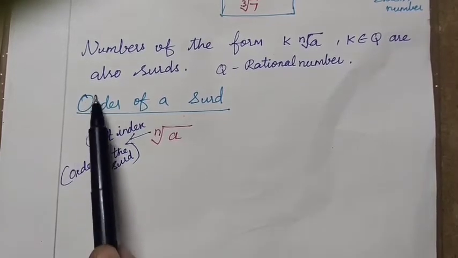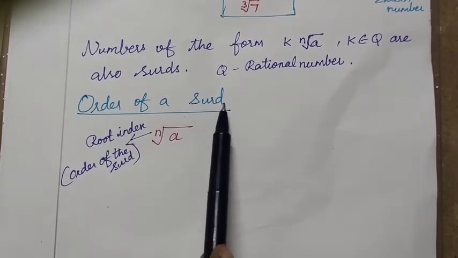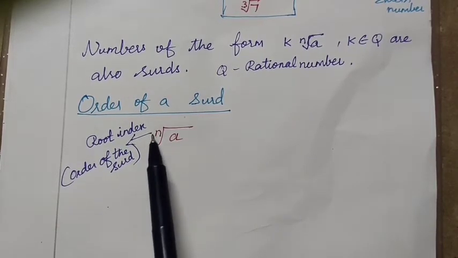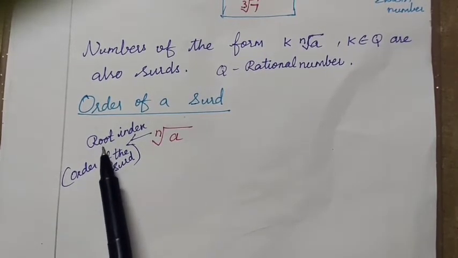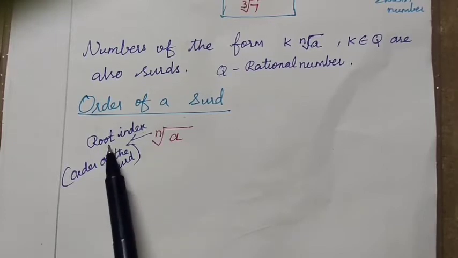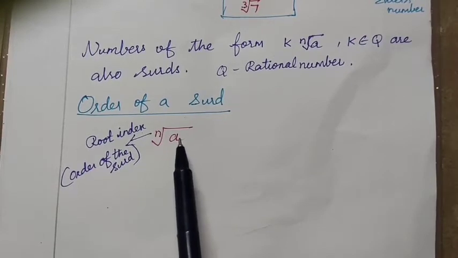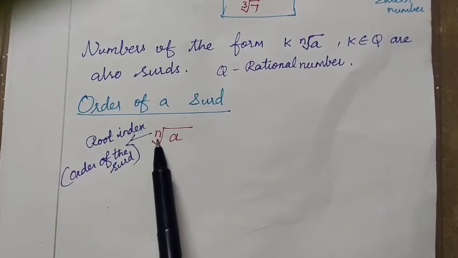See here, next topic is order of a surd. The nth root of a. Already we have seen, n is the root index. If it is a surd, in radical notation we can call it the root index.